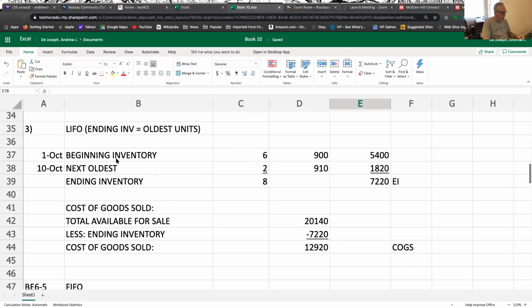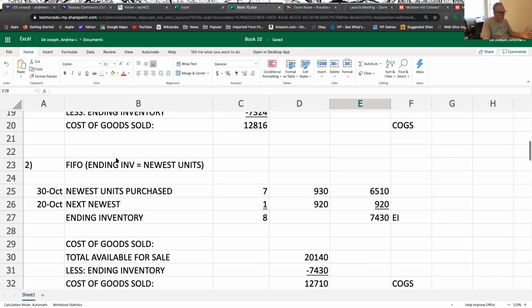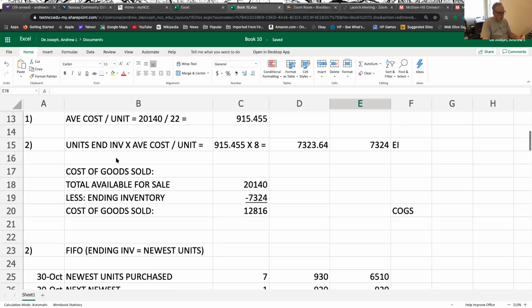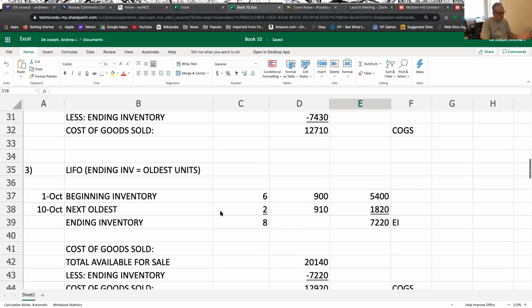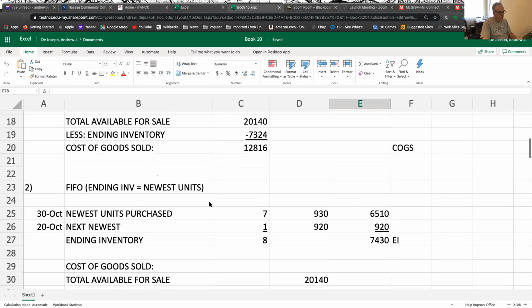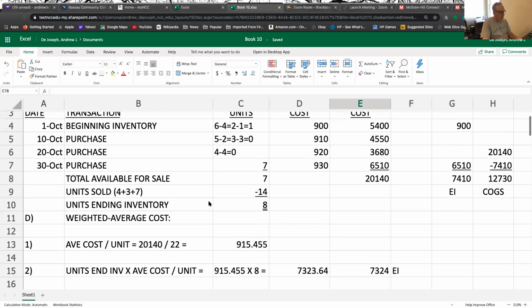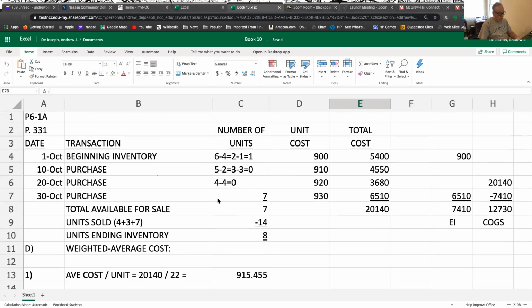In the other problem that we did for homework, we had to go into 2 layers to calculate the inventory, right? Here, 7 in 1, 6 in 2. We had to go into multiple layers to calculate the inventory. And once you know inventory, cost of goods sold is a snap. Just take the total available for sale and subtract the ending inventory. You don't need to get any more involved in that.